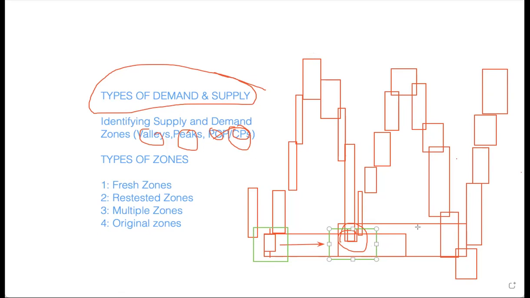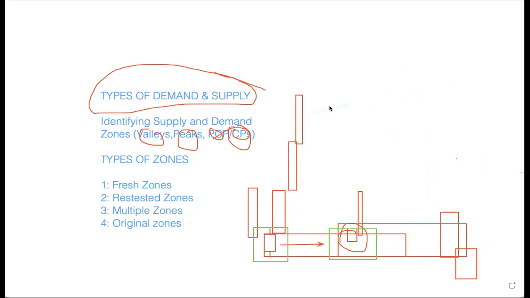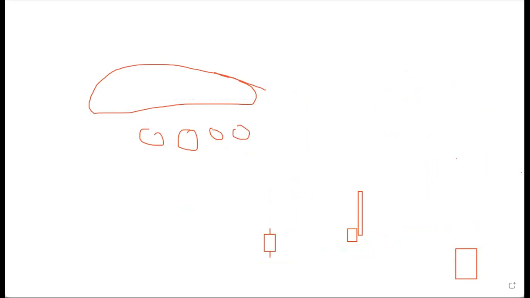With the multiple zones, when the market retests the fresh zone and makes a new zone near it or above it, let me show you what I mean there. Okay, so we have a fresh zone. All right.